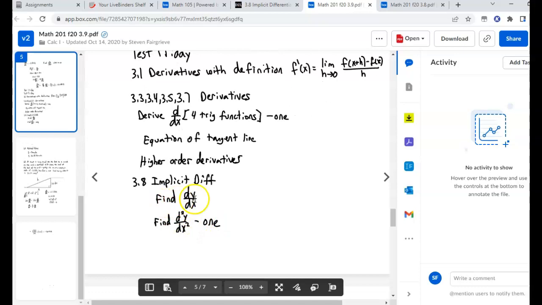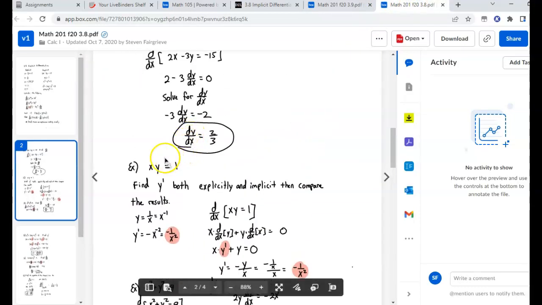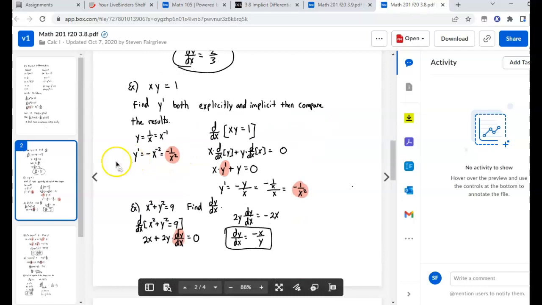So there'll be a couple questions where you're asked to find the derivative implicitly. And then there will be one where you are asked to find the second derivative. So if you go back through the notes, we did some examples here where we were finding the derivative.